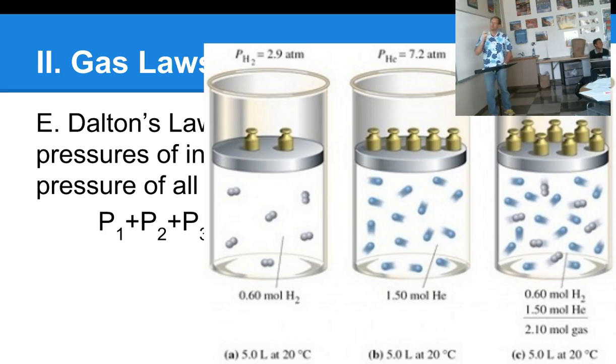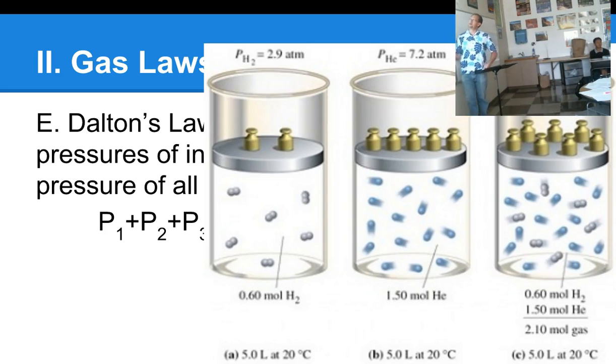So if I have 0.6 of a mole of hydrogen vapor and 1.5 moles of helium, I can calculate what the pressure of that gas is. 0.6 of a mole of hydrogen at 20 degrees Celsius is going to provide a certain amount of pressure. 1.5 moles of helium at 20 degrees Celsius is going to provide a certain amount of pressure.